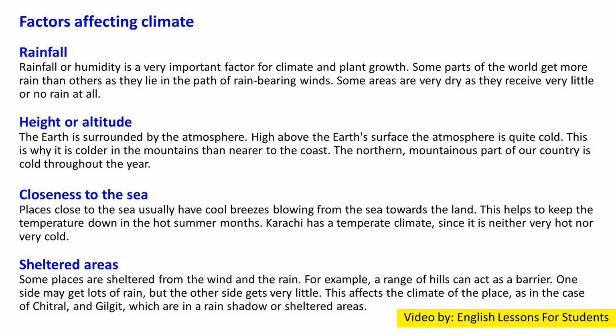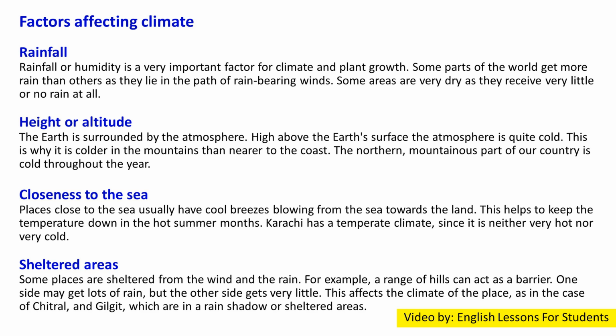Height or altitude. The earth is surrounded by the atmosphere. High above the earth's surface, the atmosphere is quite cold. This is why it is colder in the mountains than nearer to the coast. The northern mountainous part of our country is cold throughout the year.